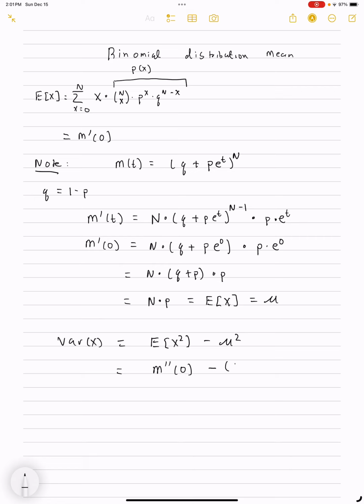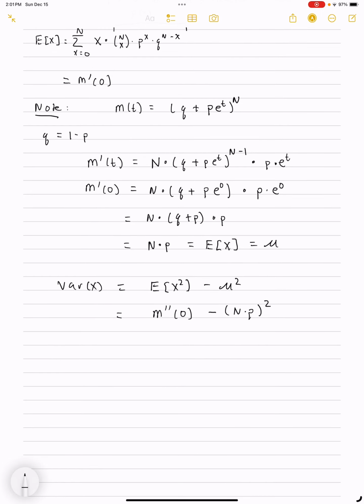Then subtract the mean we just calculated, that's (n times p) squared. Okay. If you do all of these calculations, you're going to get n times p times q, or n times p times (1 minus p). And that's the variance of a binomial distribution.